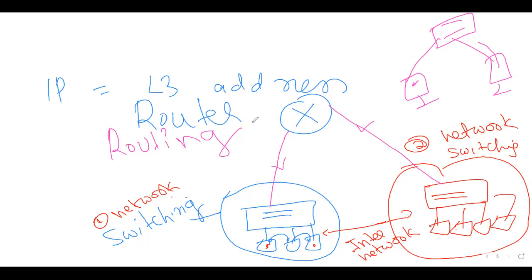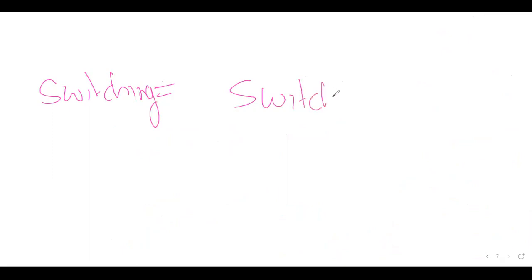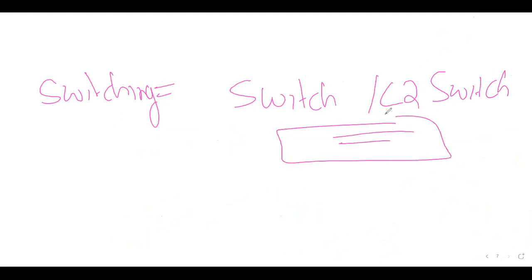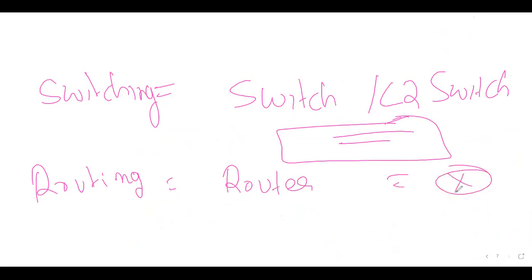That's called a router. Or switching is performed by a switch, also called a layer 2 switch, which looks like this, a simple one. Routing can be performed by a router, which is represented like this.